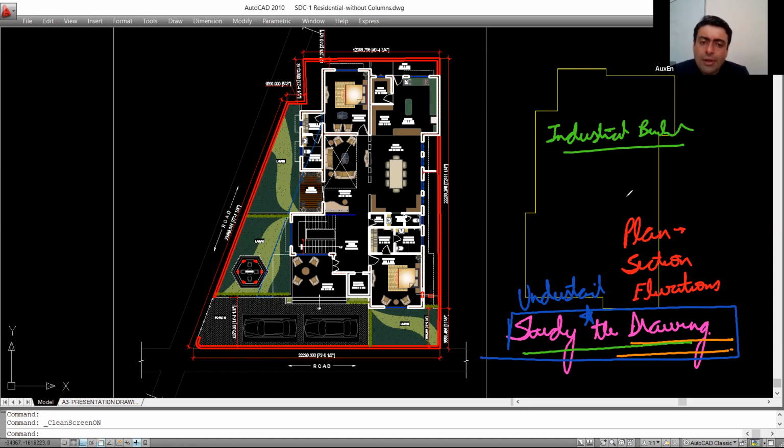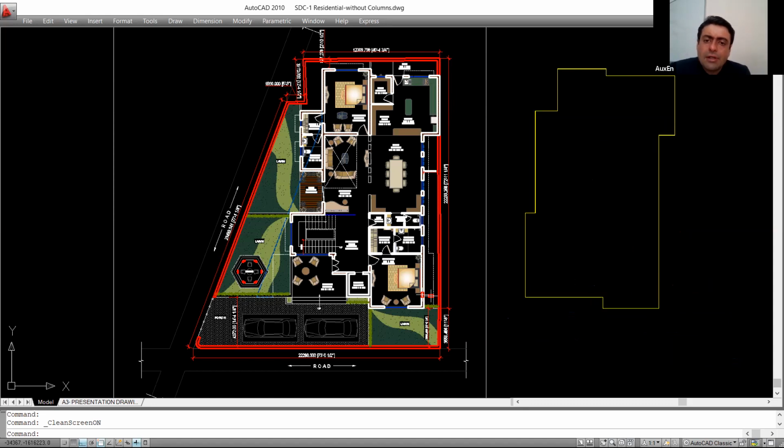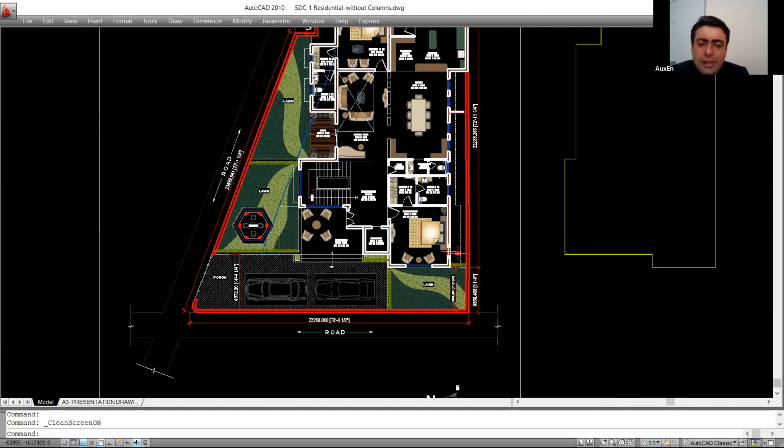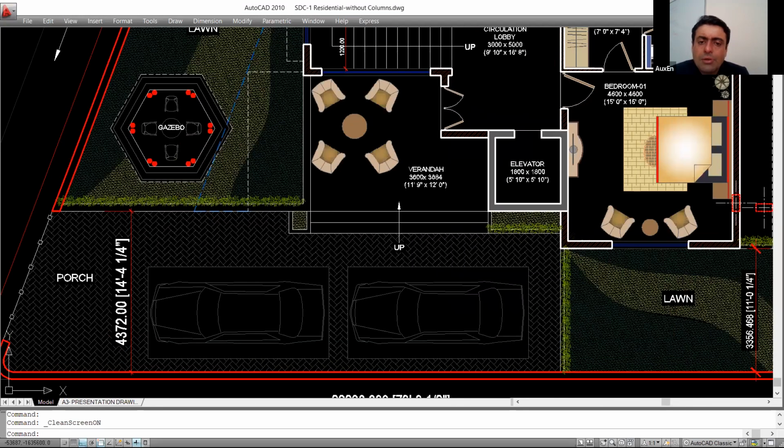So how do we study the drawings? Of course, by looking at them in detail. One technique I use is that I assume I am walking through this plan.